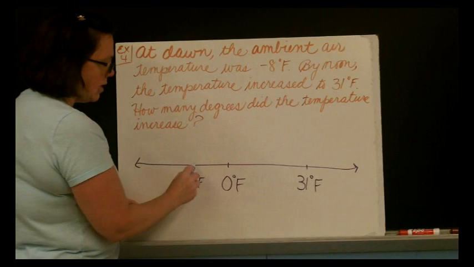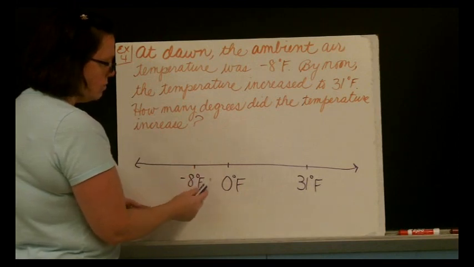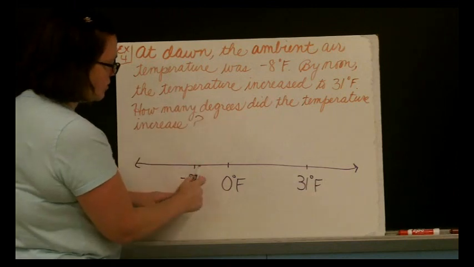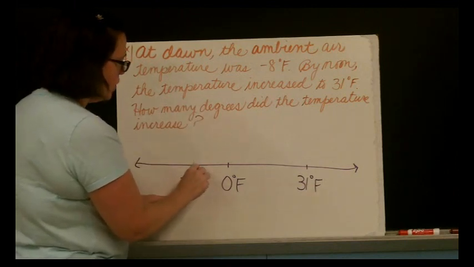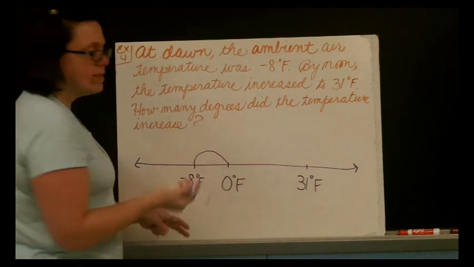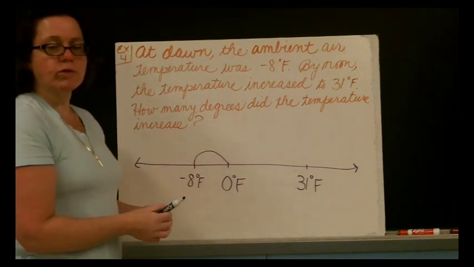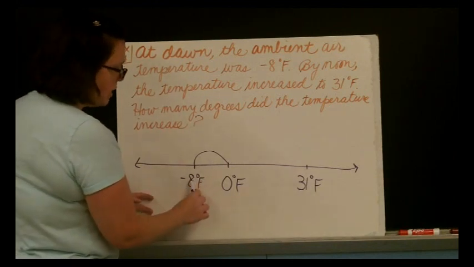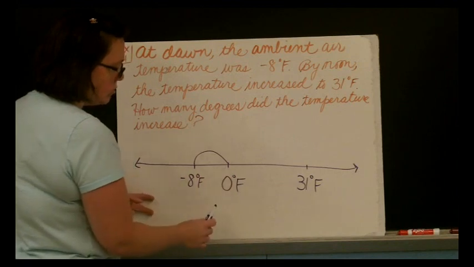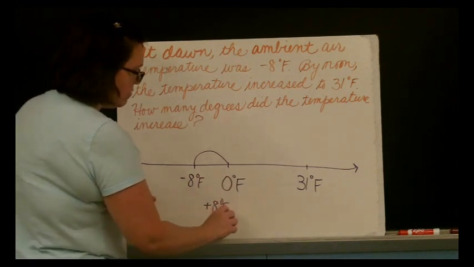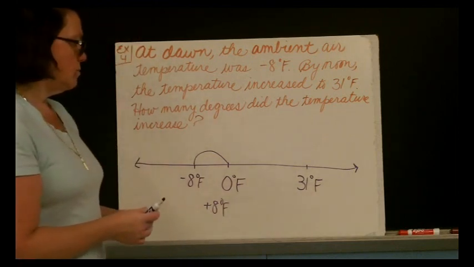First, we see that between dawn, when it was -8 degrees, we're going to take a jump to the 0. So we're basically taking the absolute value of each of these temperatures and adding them. And when it jumped from -8 degrees Fahrenheit to 0 degrees, the temperature increased by +8 degrees Fahrenheit.